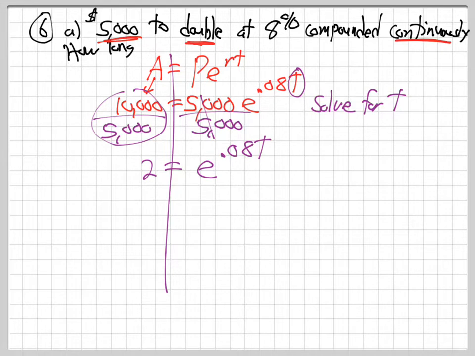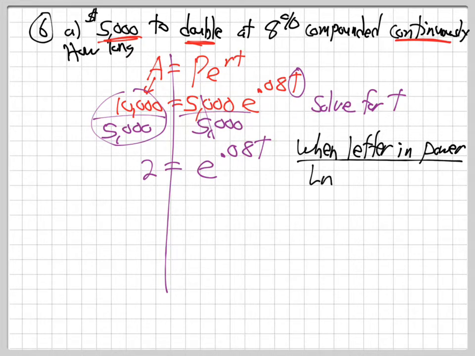T is up there in the power zone. So when the letter's in power, remember we learned in the last section, what do we do? LN. So step 1, LN both sides.